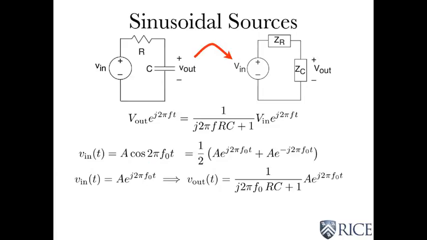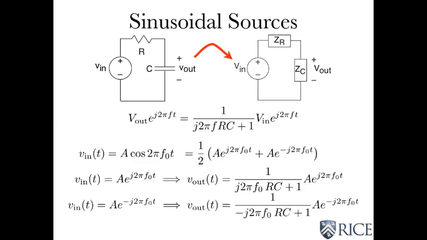We know that if the source was this term, that's the output. And we know that if it's the negative frequency term, all we have to do is replace f by minus f, and we get the answer. So we know about each piece of the original cosine. We know what the output is for each of those. But how about putting them together? How do we do that?